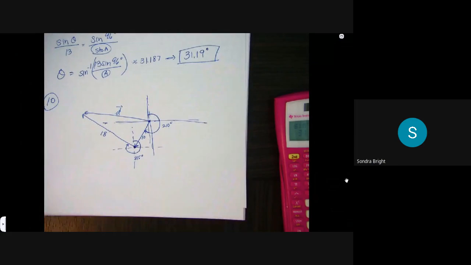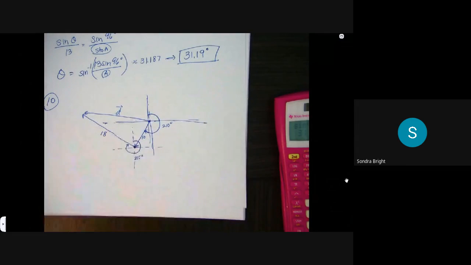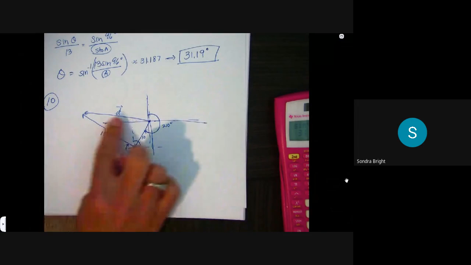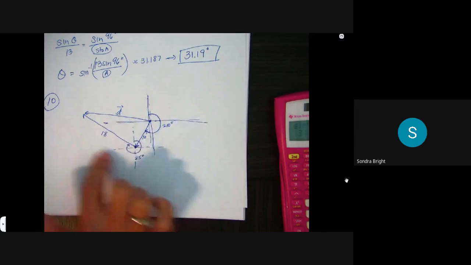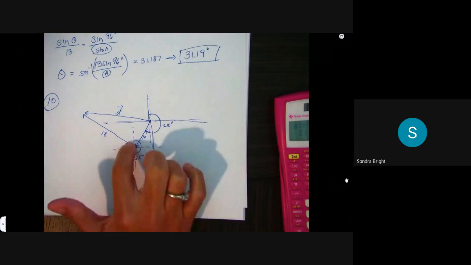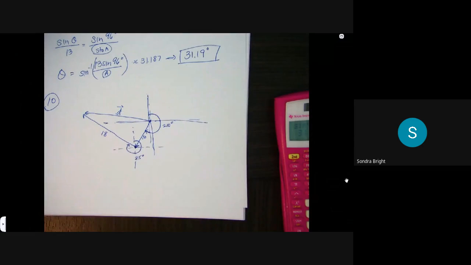Okay, so to get this guy, I can find it using the law of cosines, if I can find the angle in the triangle right there, which I can. You're going to pretty much use the same thing every time: two parallel lines cut by a transversal. The north-south lines are like this, and I've got a transversal going through them.